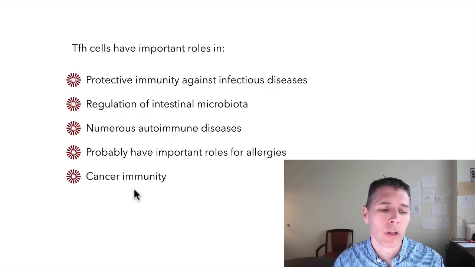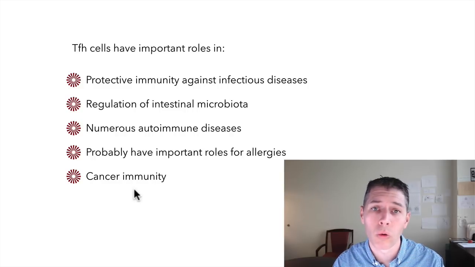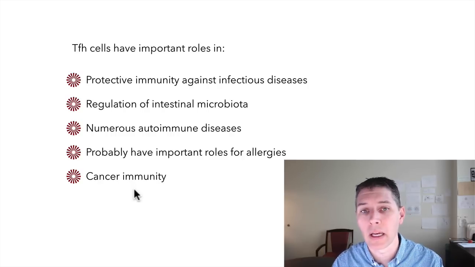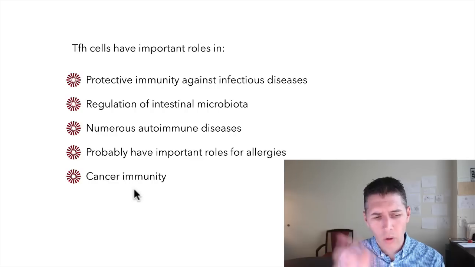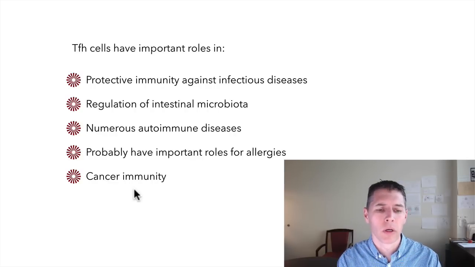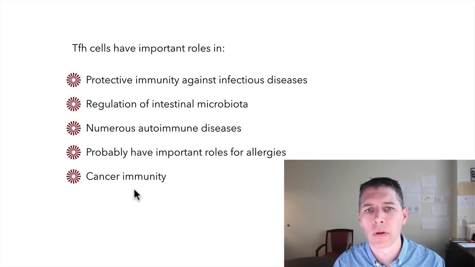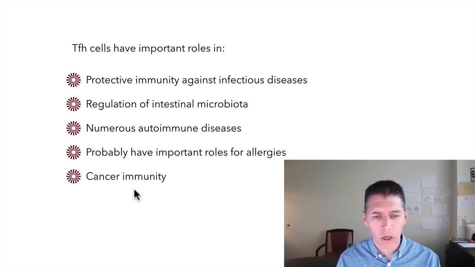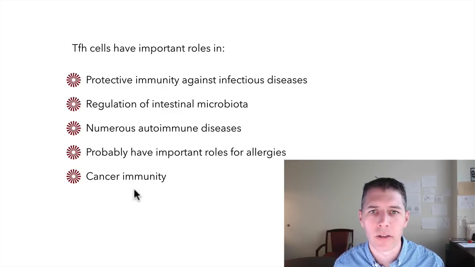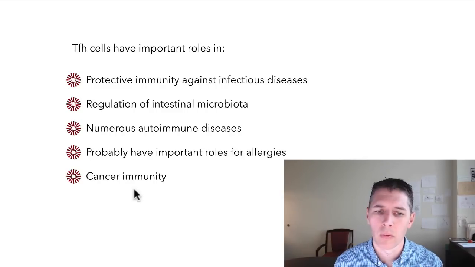And so this, along with other data, indicates that TFH cells may have substantially broader roles in immunology and immunity than facilitating antibody responses per se. And we'll come back to this when we directly deal with diseases later on. But this is to provide context of why TFH cells are interesting.